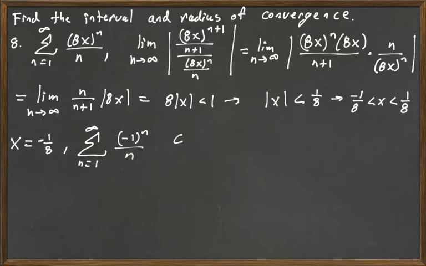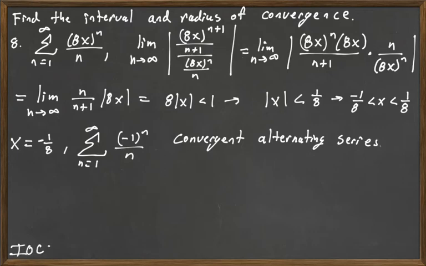And previously in the alternating series video, we would have shown that this is a convergent alternating series. So this converges by the alternating series test. So for our interval of convergence, we do know that it converges at the left endpoint of negative 1/8.